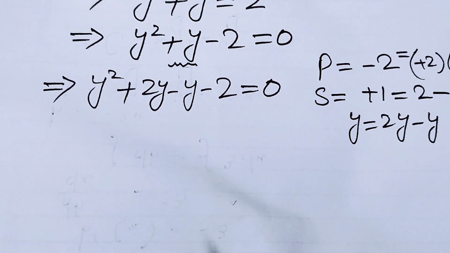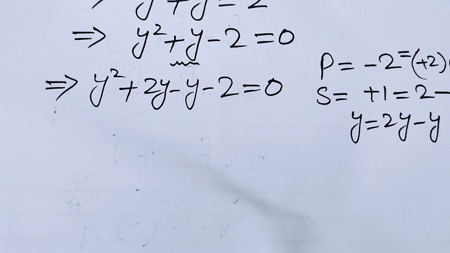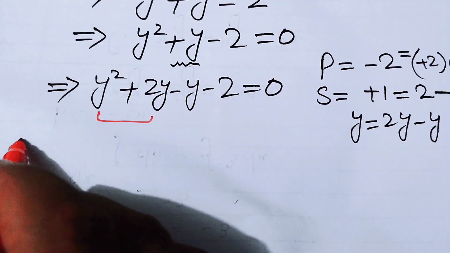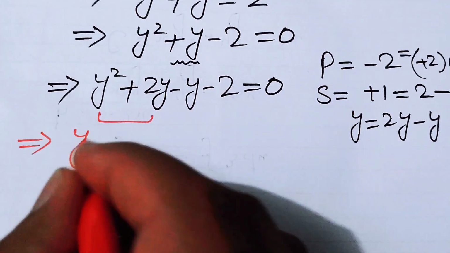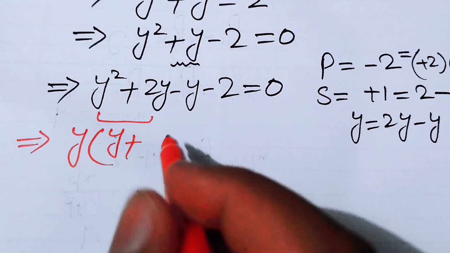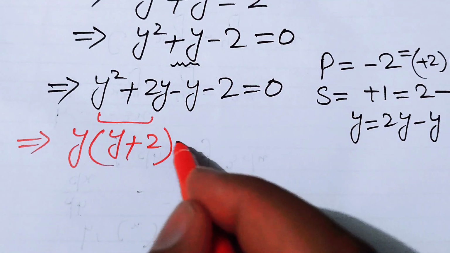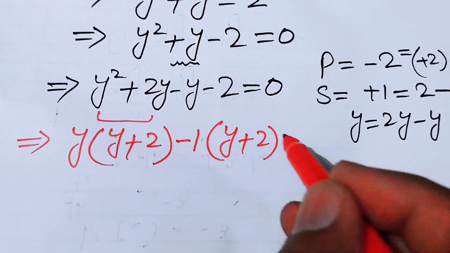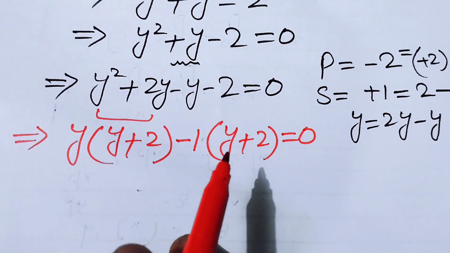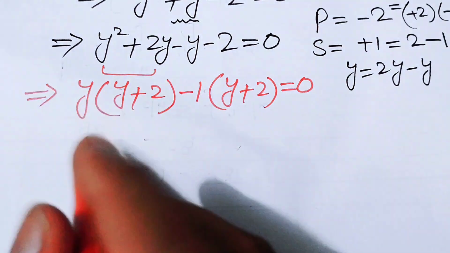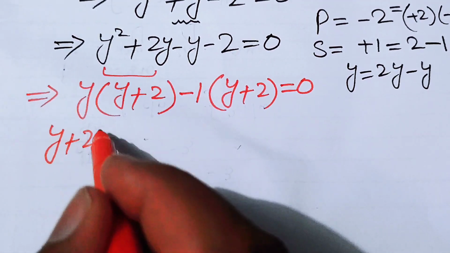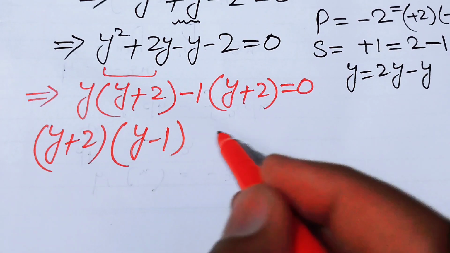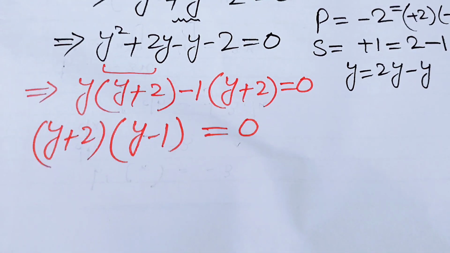Now you can take common y from the first two terms, and you get y times y plus 2, and here you take common minus 1 from both of the terms, and you get y plus 2 is equal to 0. Now you can take common y plus 2 from both of the terms, and you get y plus 2 times y minus 1 is equal to 0.